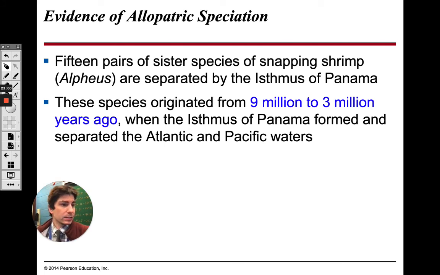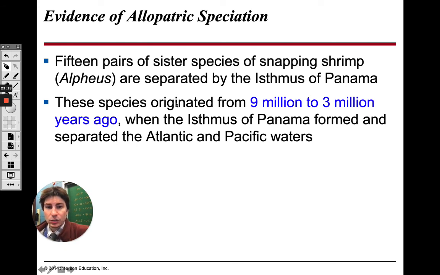All right, I think this is almost our last slide on allopatric speciation. They were doing another study, guys. They found a bunch of shrimp, and they separated them based on where they lived.